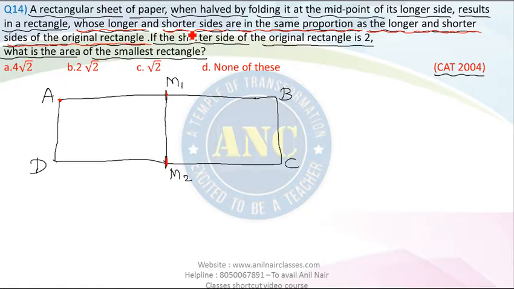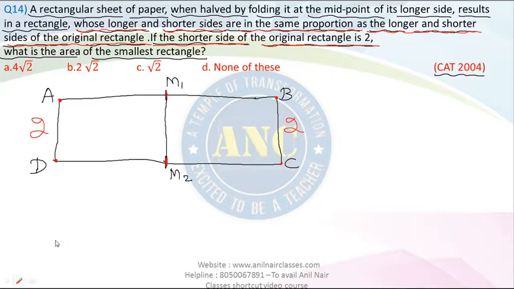The question says, if the shorter side of the original rectangle is 2, that means AD is 2. The shorter side BC is also given as 2. I need to find the area of the smallest, or resultant, rectangle.